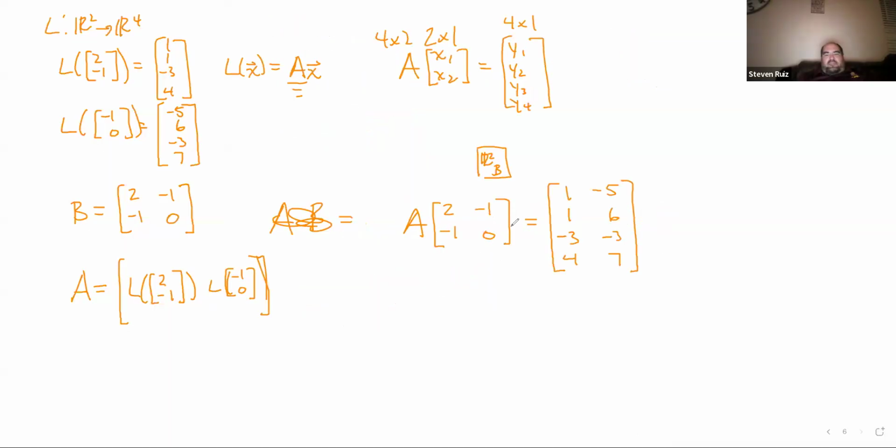So let's go back to this equation here. I want to solve for A, or in other words, I want to isolate A. How can I get A by itself?